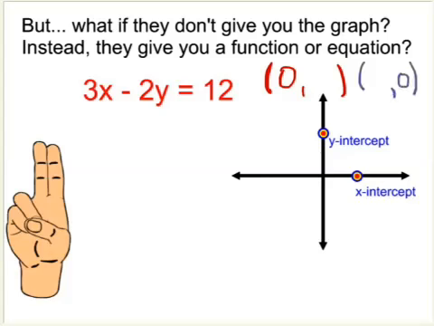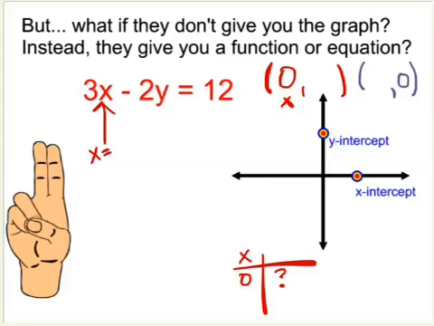The x-intercept is going to be over something and then up 0. Now when we are plugging in x equals 0, that's just like down here on a t-chart. We're plugging in 0 for x. We're going to try to figure out what comes out when 0 goes in. Now we have a thing called the cover-up method.